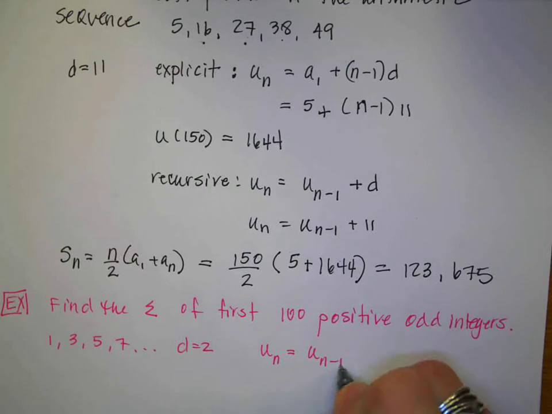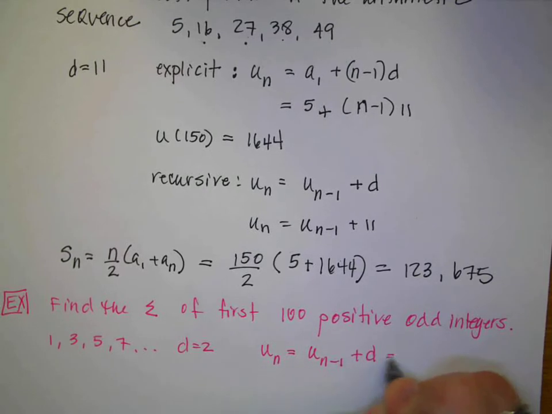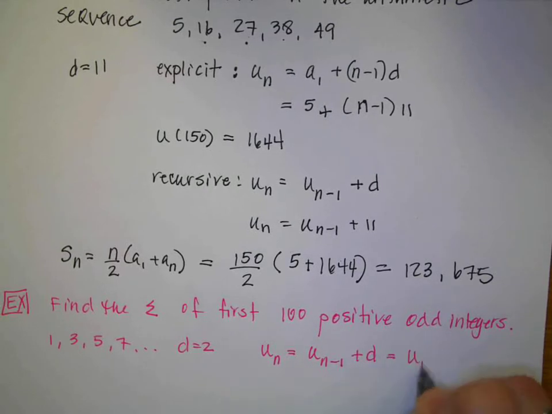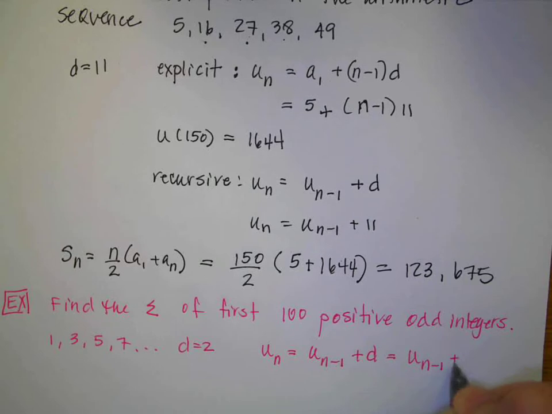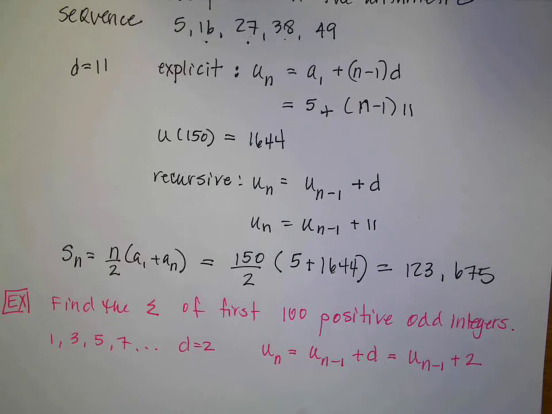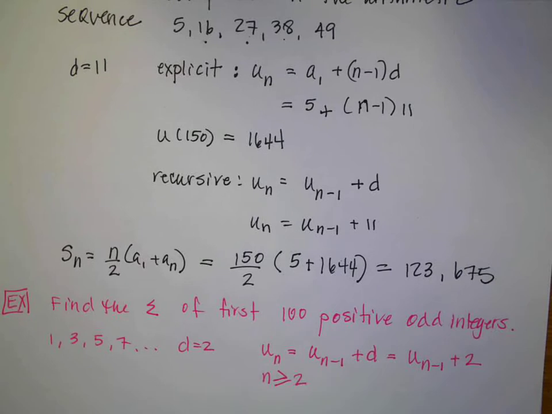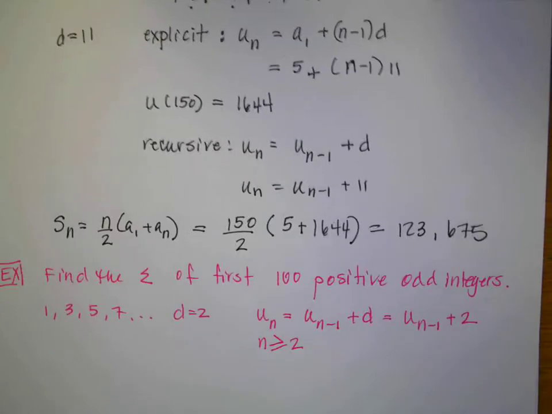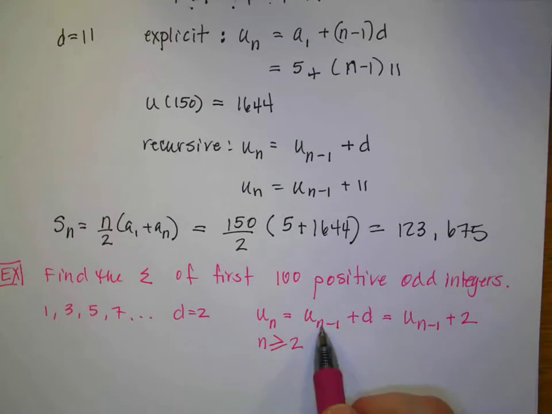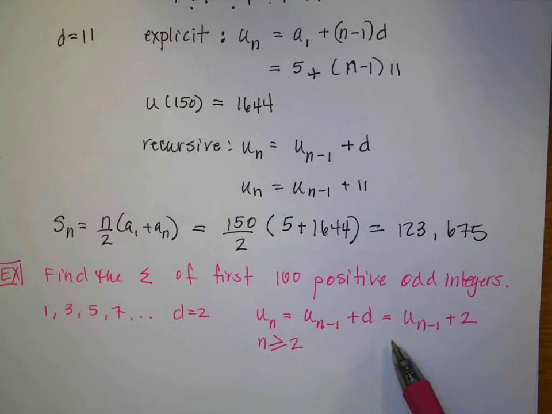And I'm going to write a recursive formula. So my u sub n is going to be u sub n minus 1 plus my common difference. Here's the variable, n minus 1. My common difference is 2. We do qualify this by saying that n has to be greater than or equal to 2, because if I put a 2 in here, 2 minus 1 is 1, which tells me that I'm starting at the first term.